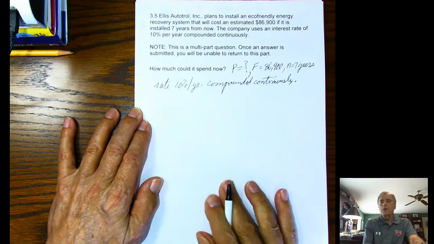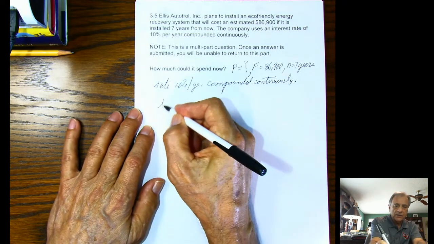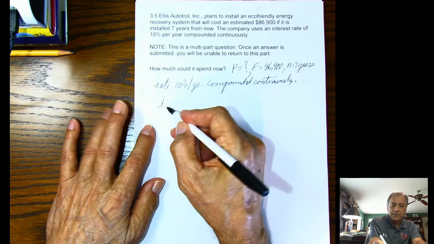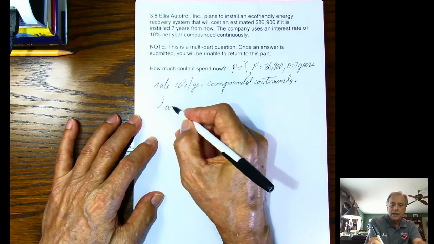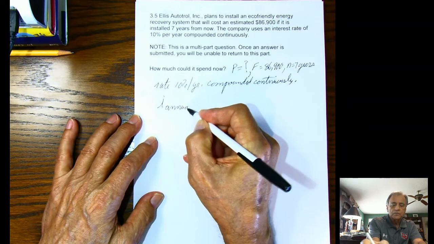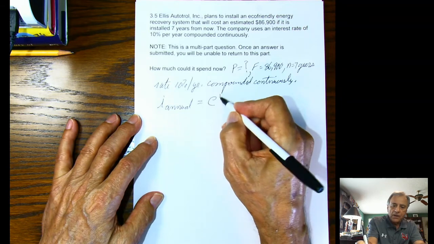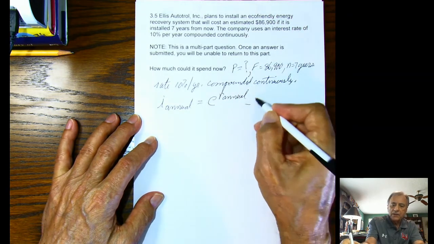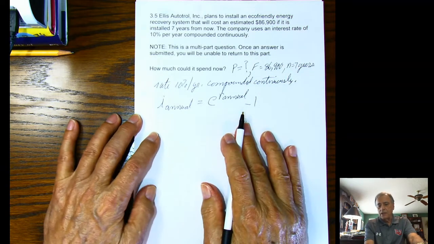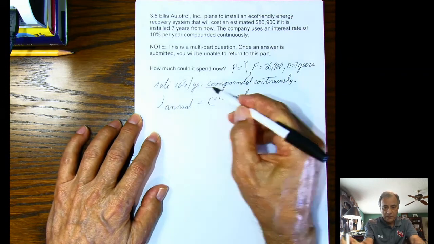And then from equation 3.3 we have that the effective rate for some period of time, and what we want is annual since we're dealing with years, the annual rate is equal to e to the r annual minus 1. Now this is the effective interest rate formula 3.3 when it's continuously compounded.